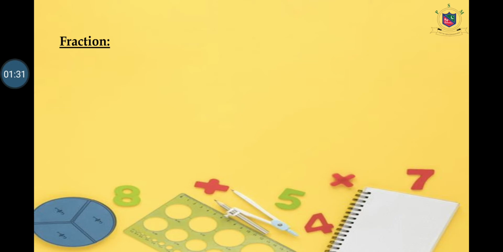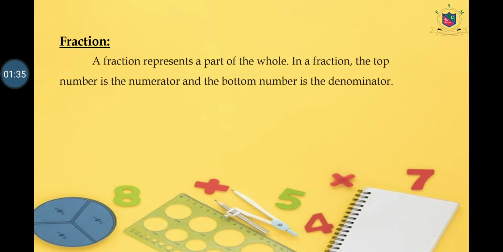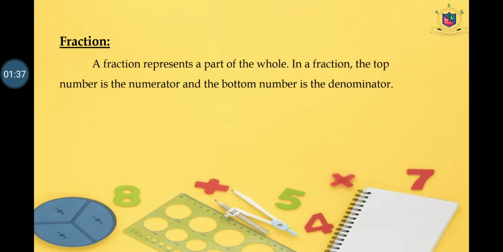My dear students, this is a very interesting topic. Yes, a fraction represents a part of a whole. When we have a complete thing and we select only one part of it, it is called a fraction. In a fraction, the top number is the numerator and the bottom number is the denominator.